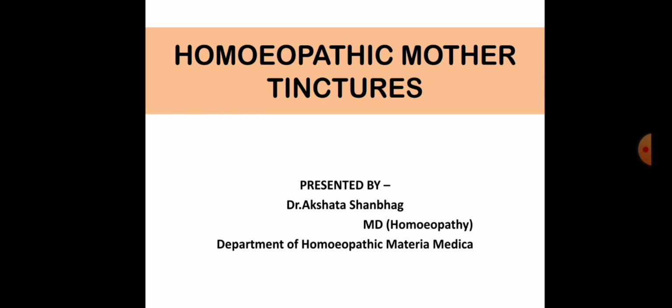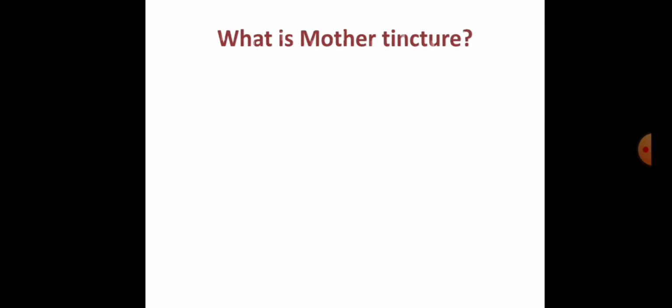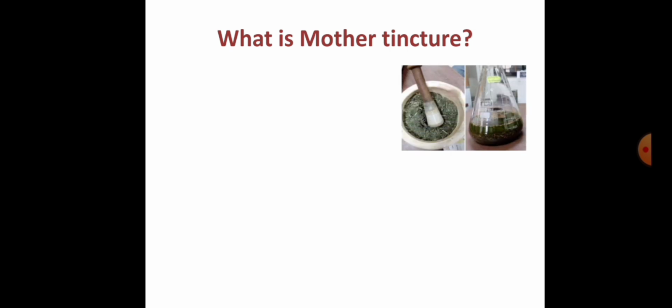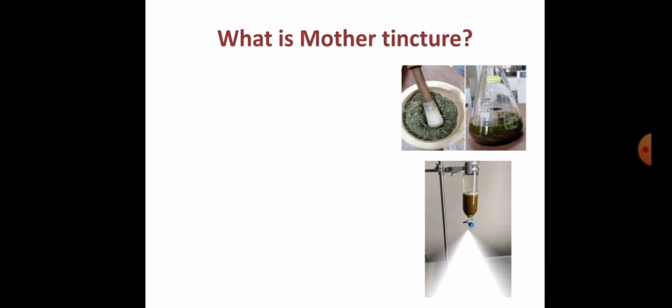Today we are going to learn about homeopathic mother tinctures. Before we start with the different types of mother tinctures, we will know what a mother tincture is. In this picture you can see that there is maceration happening and there is percolation happening.